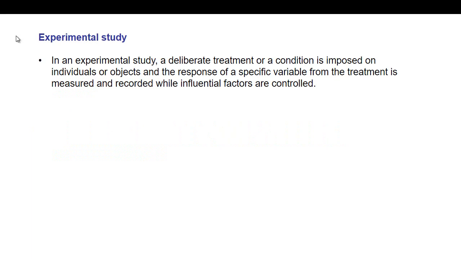Okay, now experimental study. In an experimental study, a deliberate treatment or a condition is imposed on individuals or objects, and the response of a specific variable from the treatment is measured and recorded while influential factors are controlled.